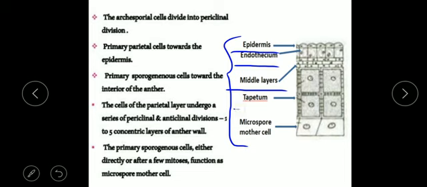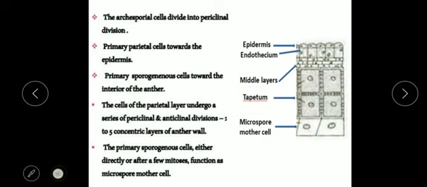Finally we reach the tapetum, which you can see is somewhat larger as compared to the above three layers, and then finally the microspore mother cell, which is diploid and will take part in the formation of pollen grain. So this was about the anther development.